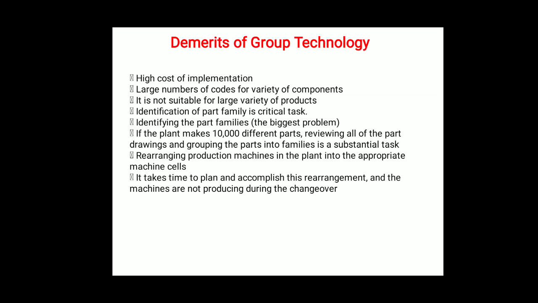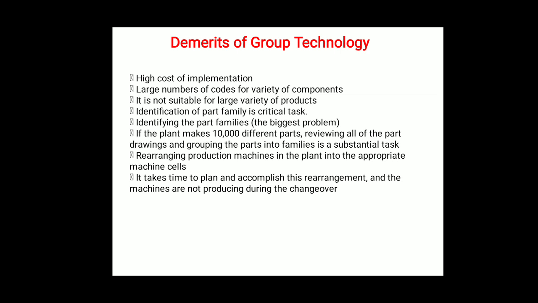In a company there are n number of parts and n number of groups, and with just coding and numbers it is a critical task to identify your desired part. Identifying the part families is the biggest problem.